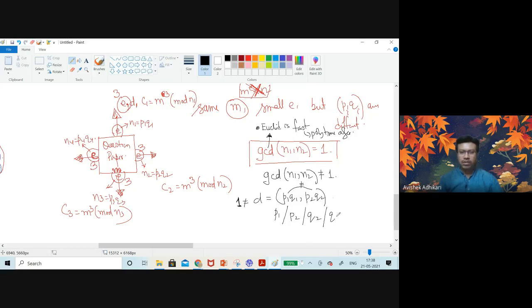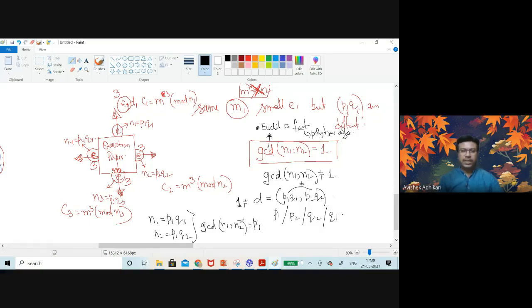In that case, say N1 is P1 Q1 and N2 is P1 Q2. What will be the GCD? See here, N1 is not equal to N2, but the GCD of N1 and N2 is equal to P1.